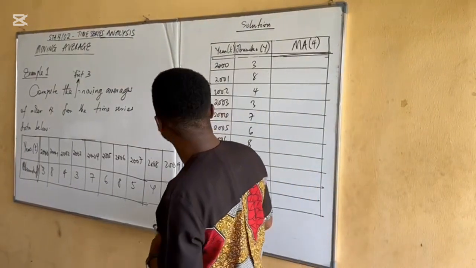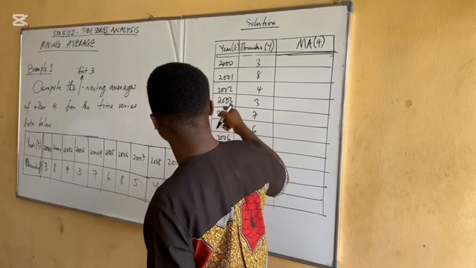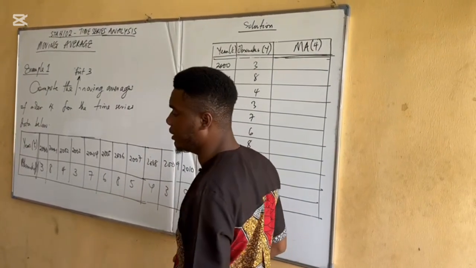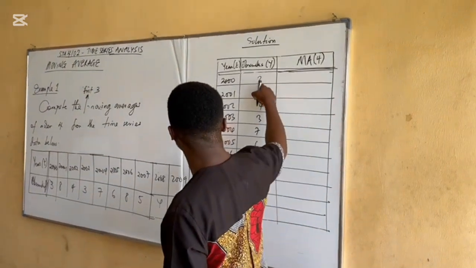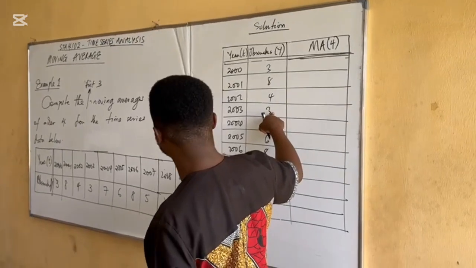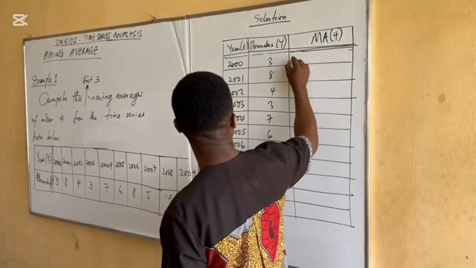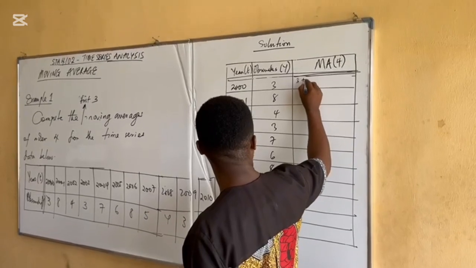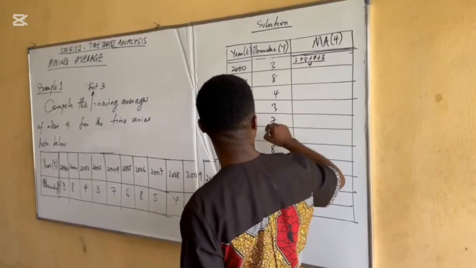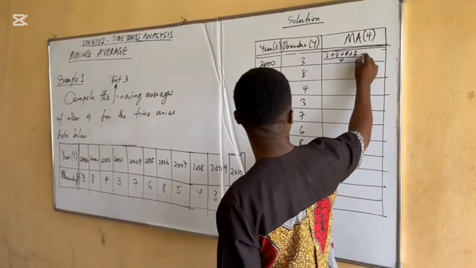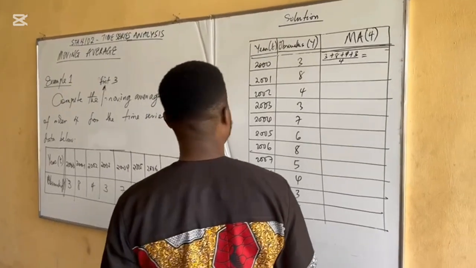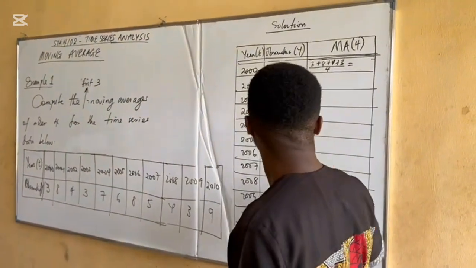So the first moving average of order 4 will be 3 plus 8 plus 4 plus 3, divided by 4. Right? And that will give you what? Those who have your calculators: 3 plus 8 is 11. That will give you 4.5.